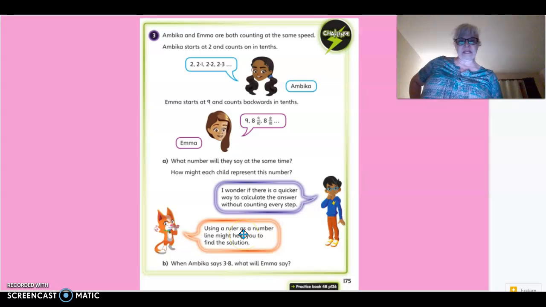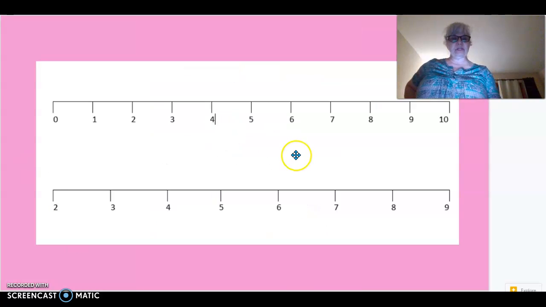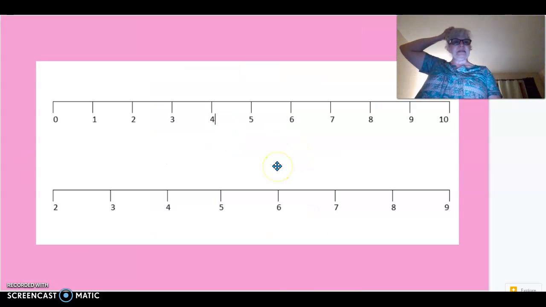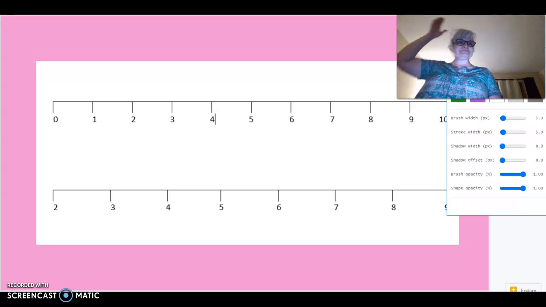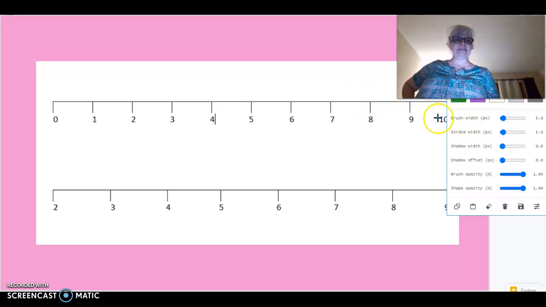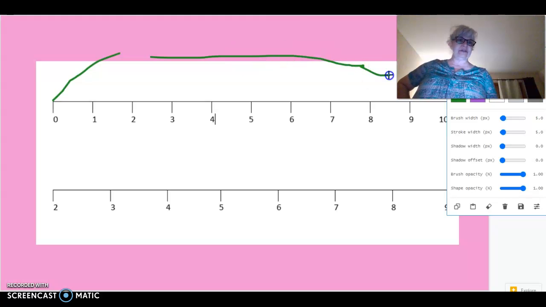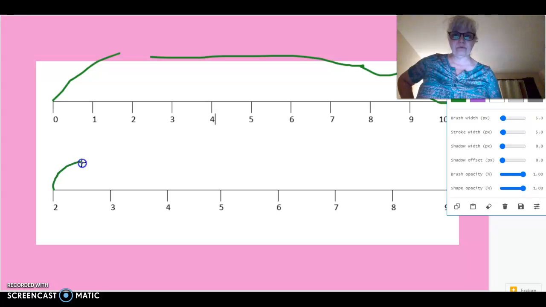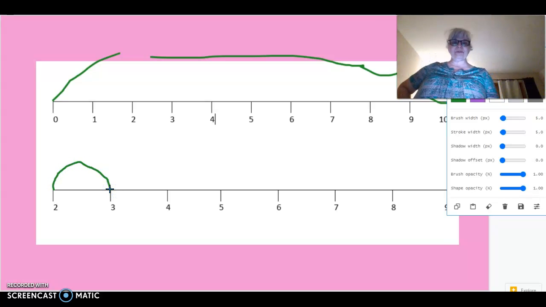The fox says you might be able to use a ruler, and that's true. We're going to use a number line, however. Now, what I want you to notice is we said that there are 10 millimeters in each centimeter. So this right here is equal to 1 jump on our number line, okay?